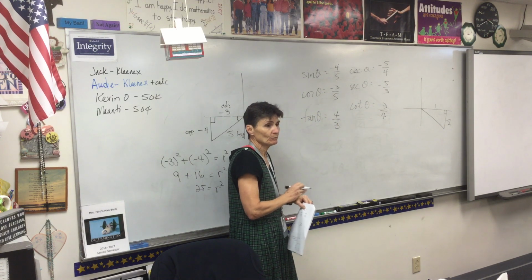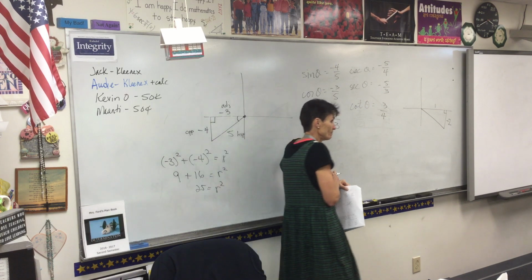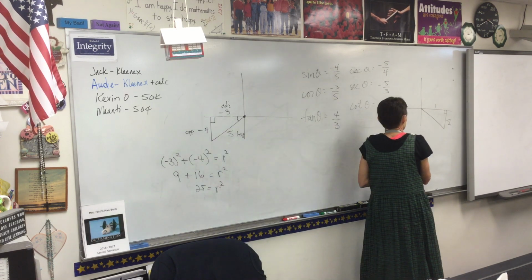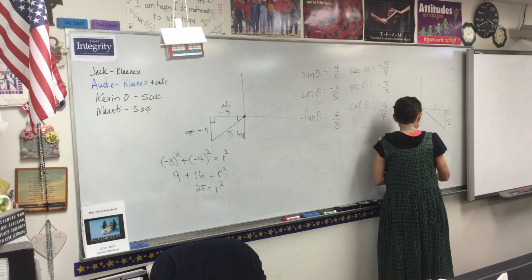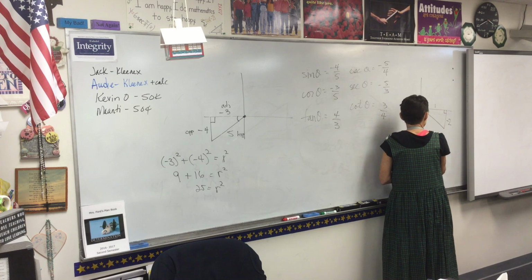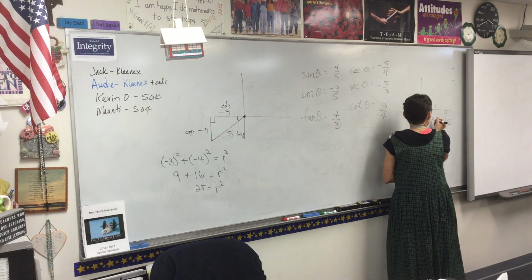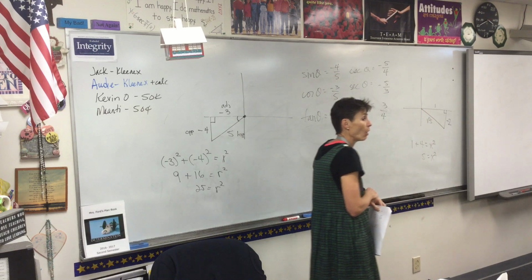Right 1, down 2. Now we'll do our Pythagorean theorem. So 1 squared, 1. Negative 2 squared is 4. Root 5. And remember, the hypotenuse is always positive.